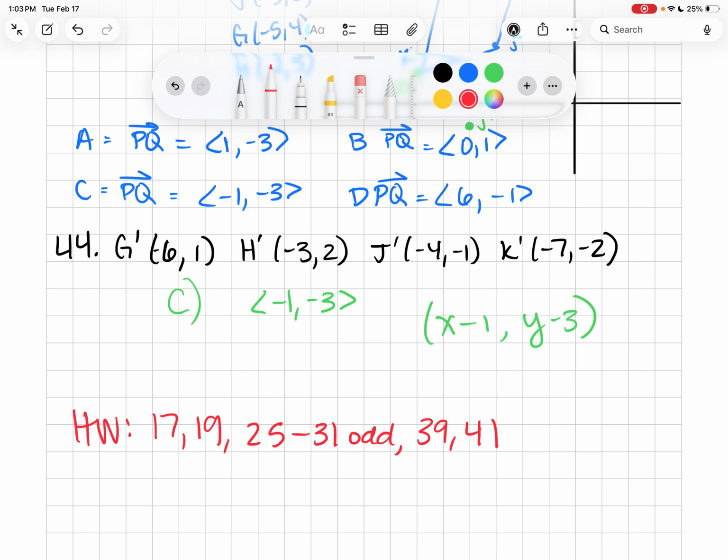And I don't even mind on 39 and 41 where you're using the same triangle if you use different colors. If you show A, B, and C prime in one color and then do your A, B, and C prime for your other one in a different color, just make sure you specify which one's which. That way you don't have to copy it over twice. And then 45 through 47, all of them.